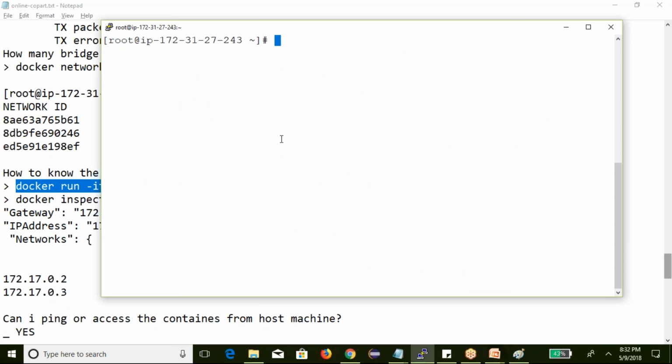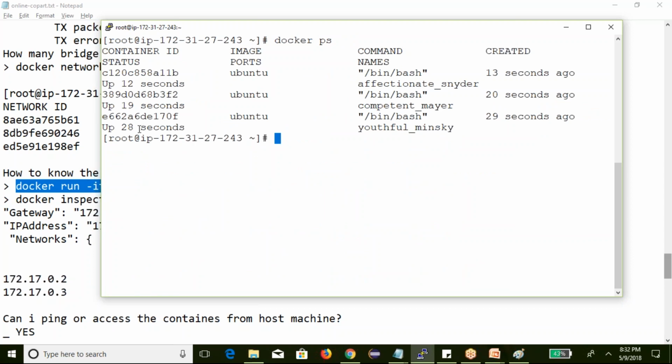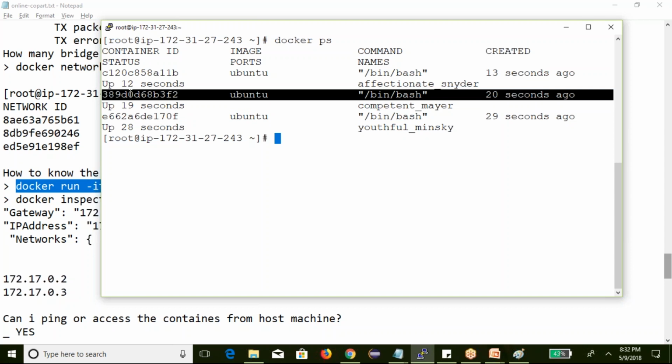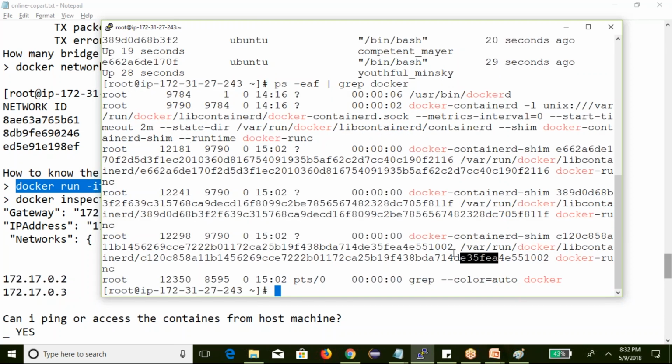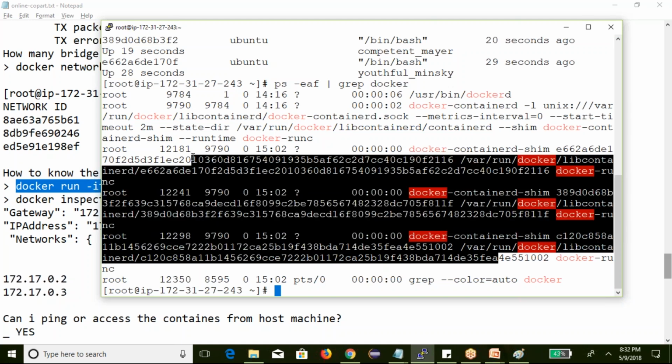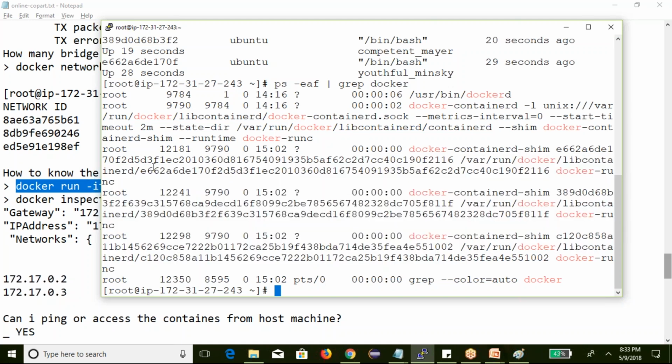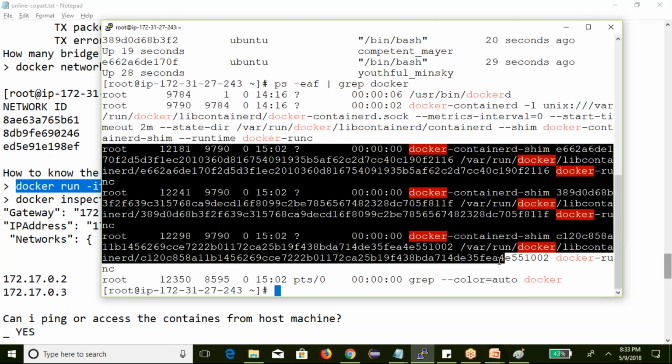The containers which you think are running here, right now you have 3 containers. Each of these creates a process inside the host machine. What are those processes? Look at this. These 3 processes which you got are because of the containers.